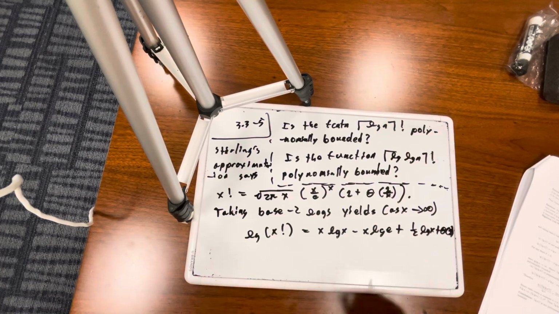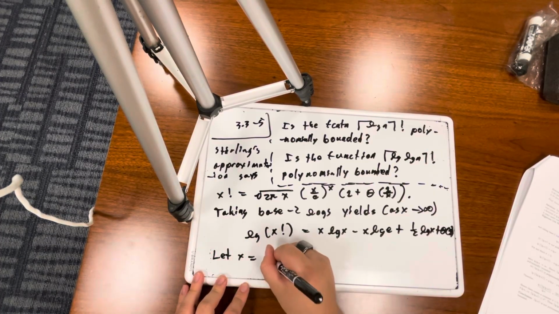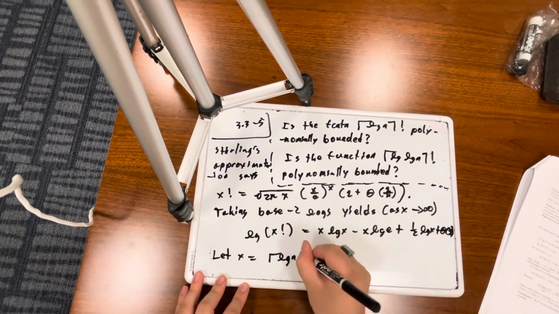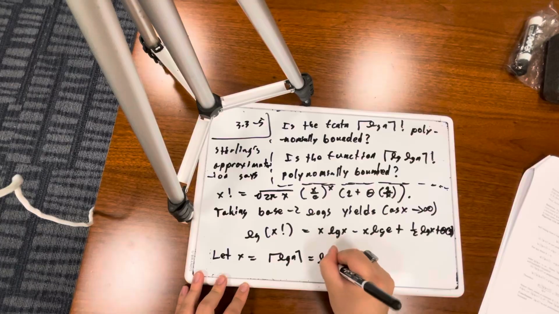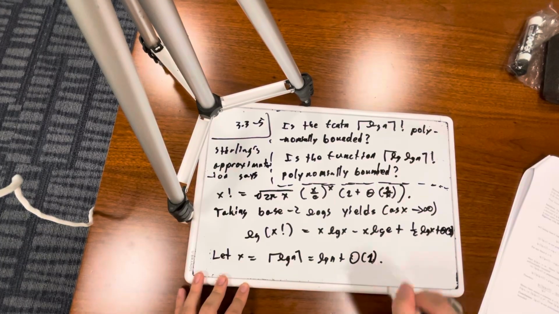Now, let me think about this. Okay, so let's work with this. Let x be equal to the ceiling of log n, which is equal to log n plus big O of 1.